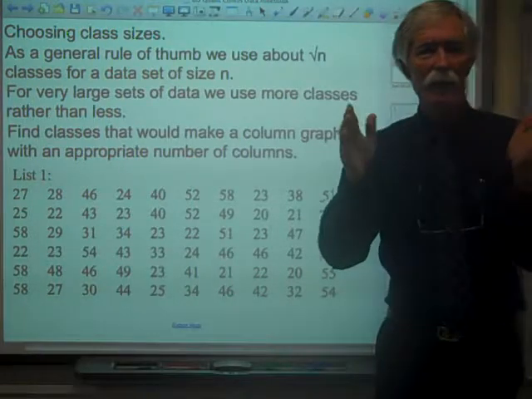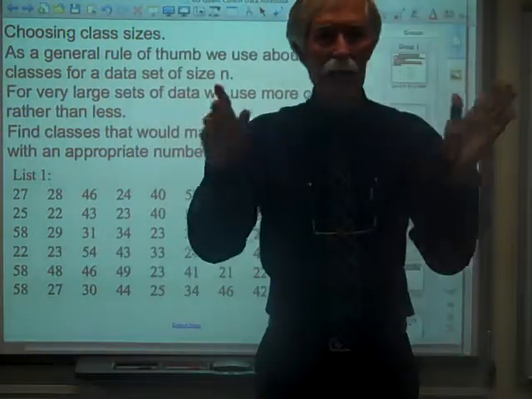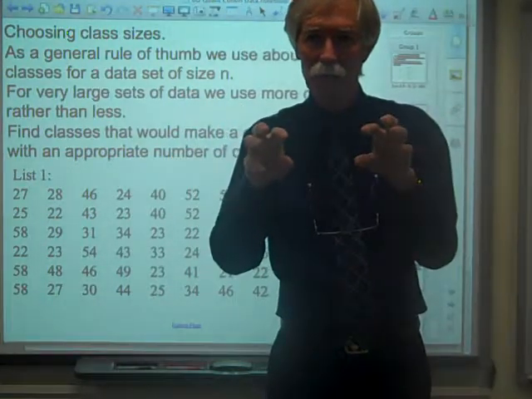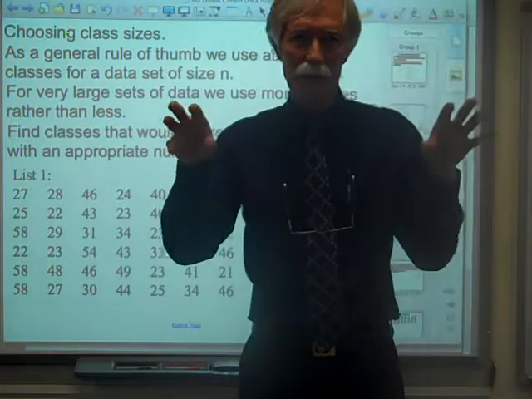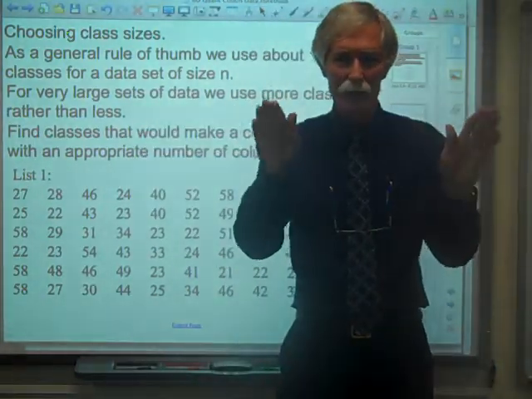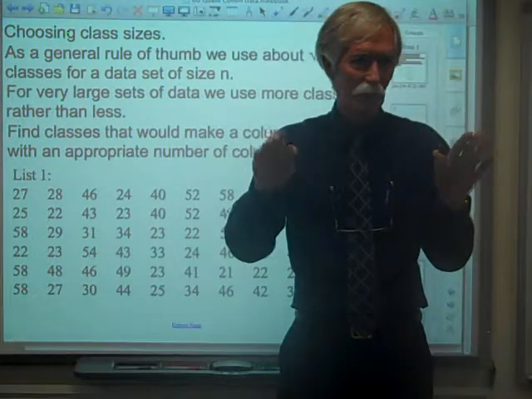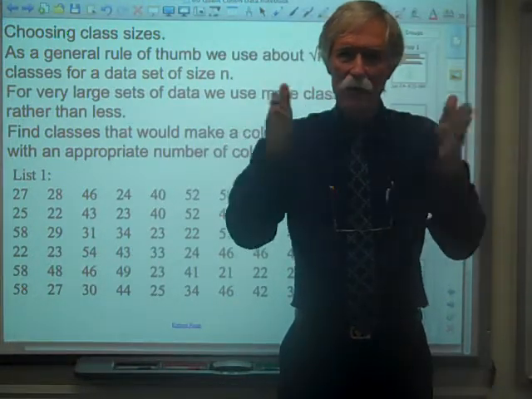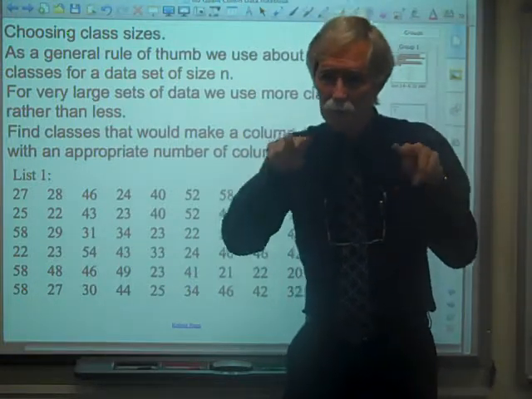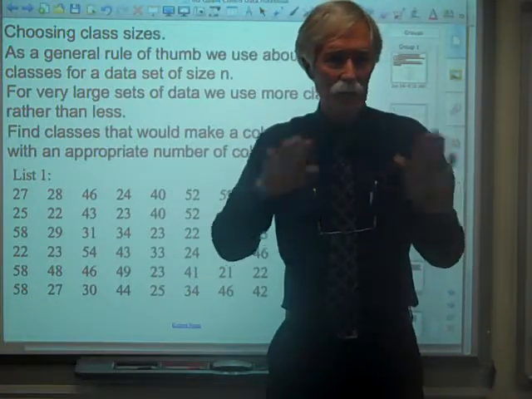If you only have 10 numbers that you're sampling, would you make a bar chart that's got 10 bars? Probably not. There's not enough data to make very many high bars if you have 10 pieces of data.